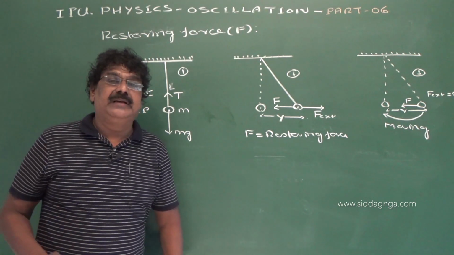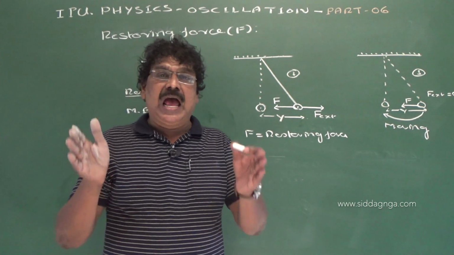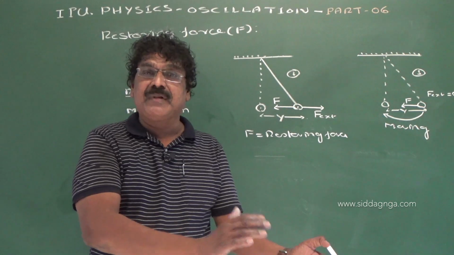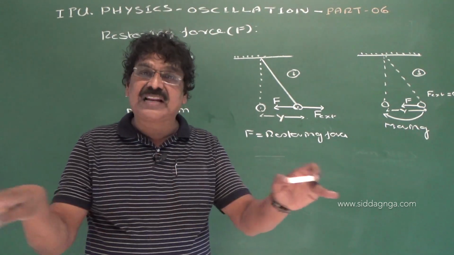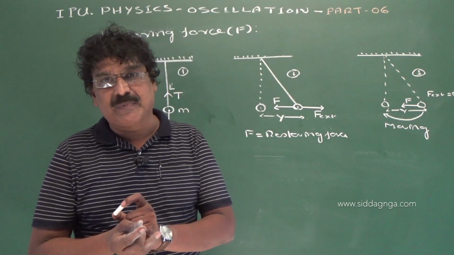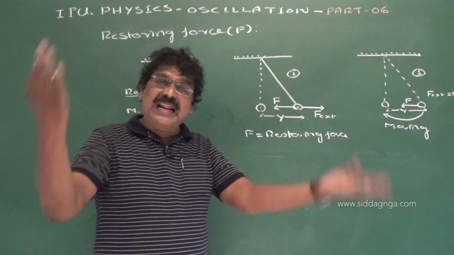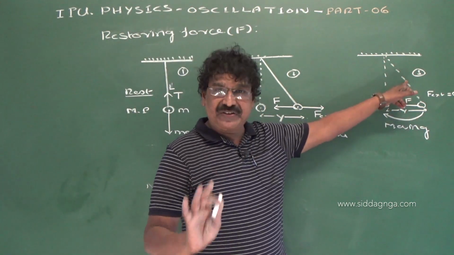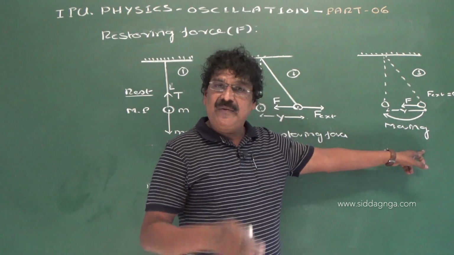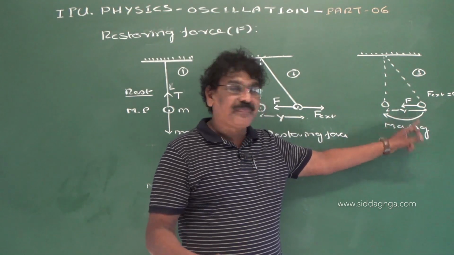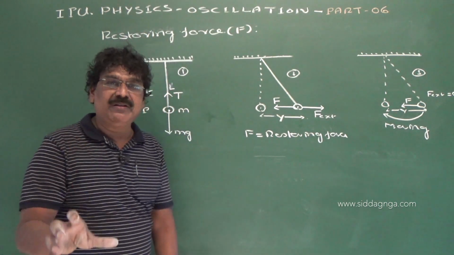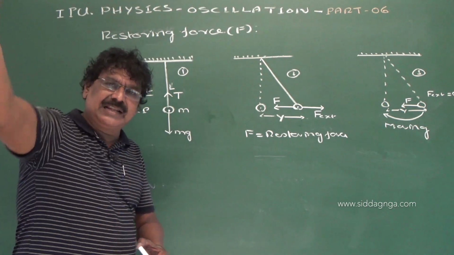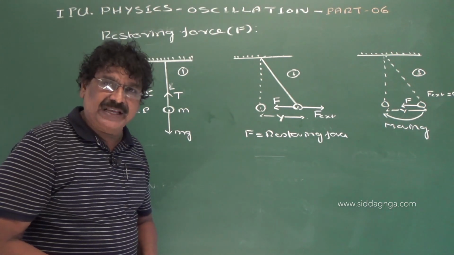And again remember, I am not considering weight and tension here, they are all there, but I am considering only the forces in horizontal direction. You got my point. Now in general we can say there are three forces here: one, tension in the string, second, weight of the bob, and third, the restoring force. Forget about tension and weight, that we will consider in the next topics.